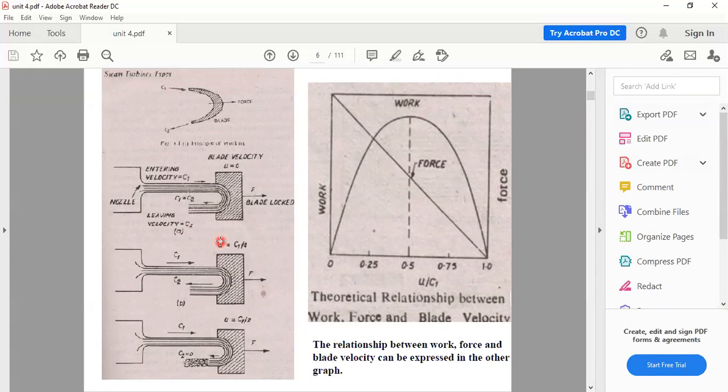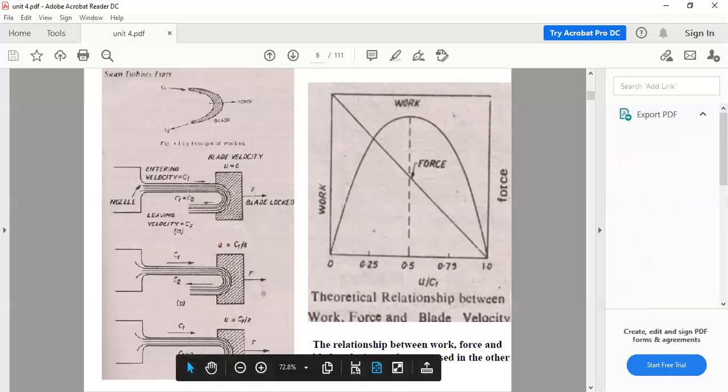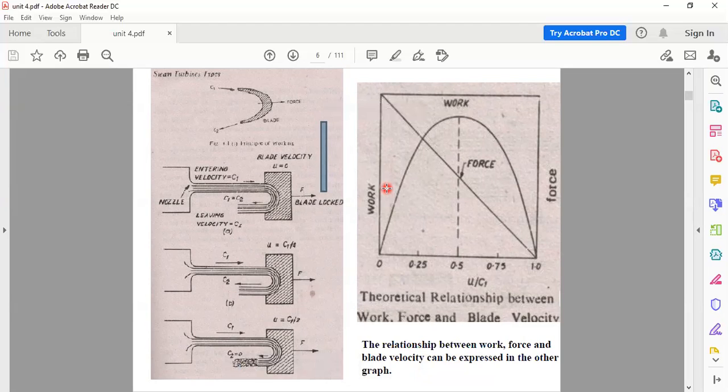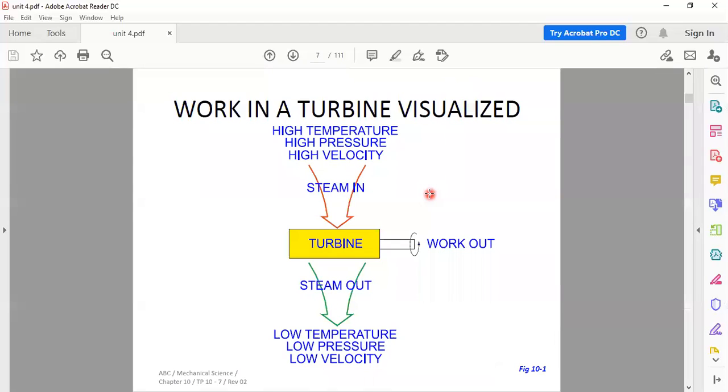And on the right hand side we have seen the relationship between work force and blade velocity, which can be expressed in the other graph.